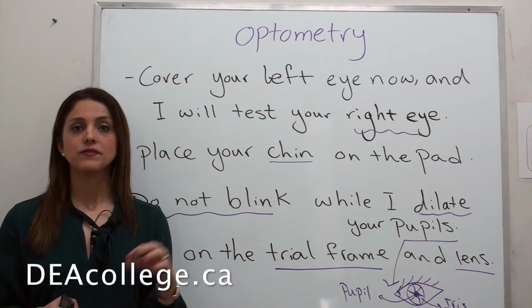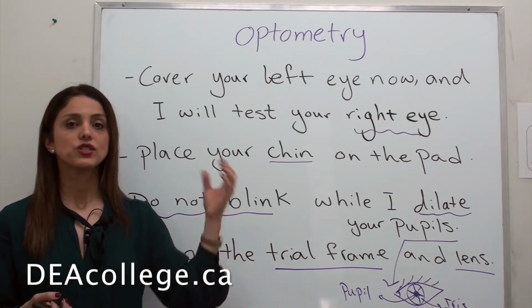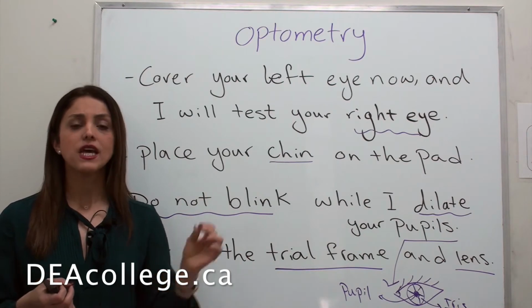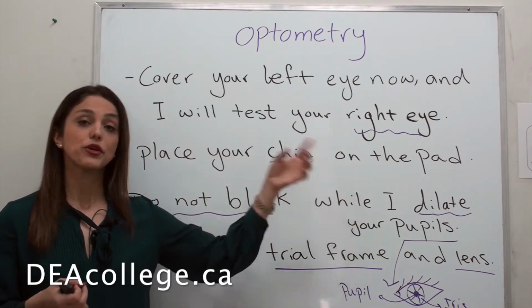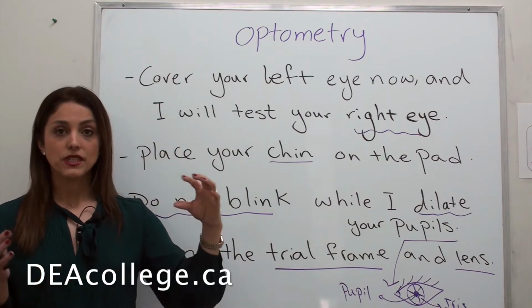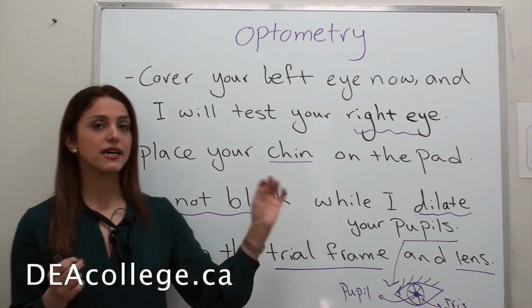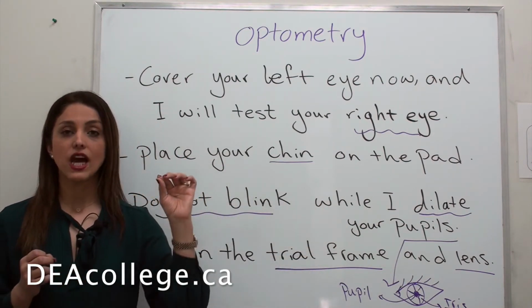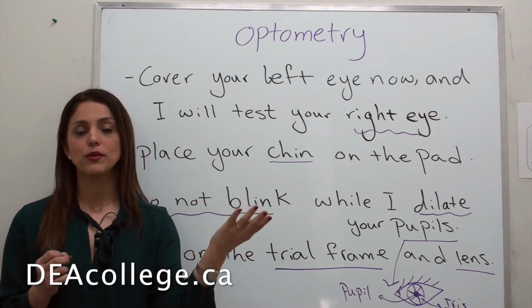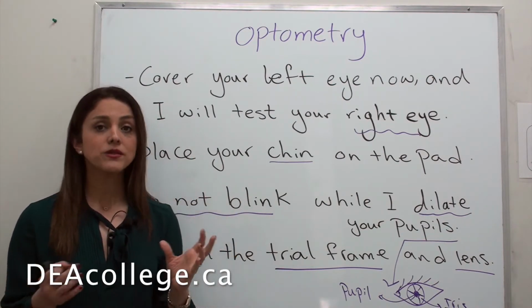Dilate means making it larger and wider. With some sort of eye drops, the optometrist makes your pupils larger and wider. The part with the color in your eye we call the iris, for example black, blue, green, brown or dark brown.